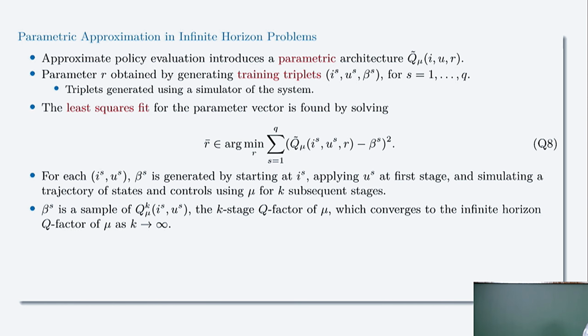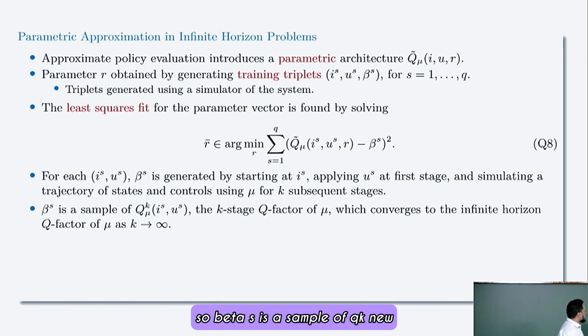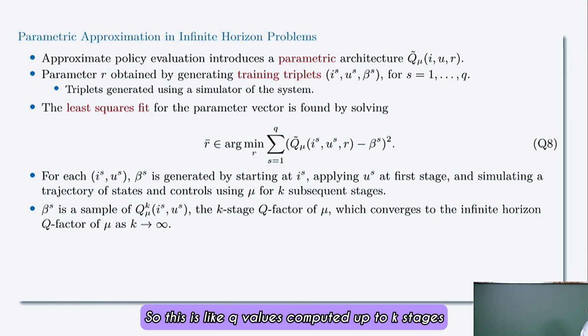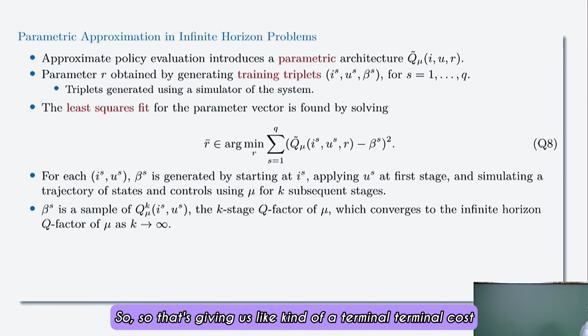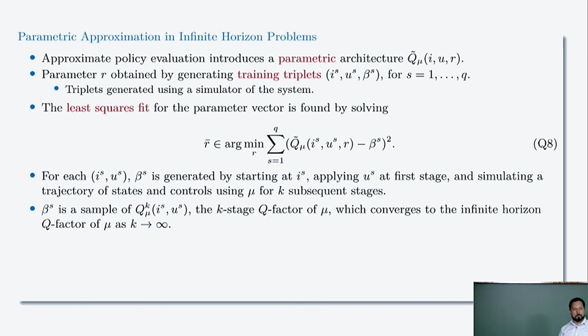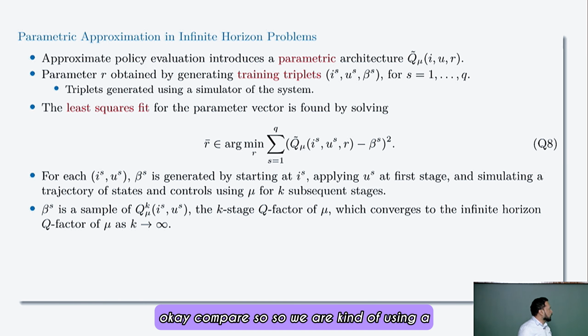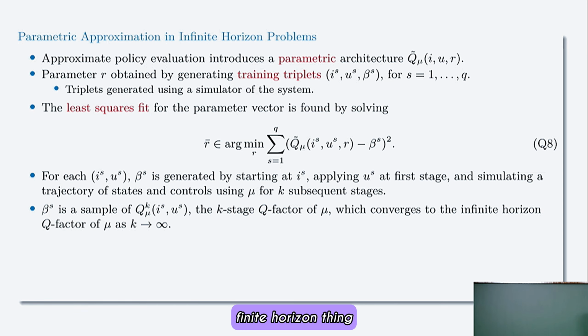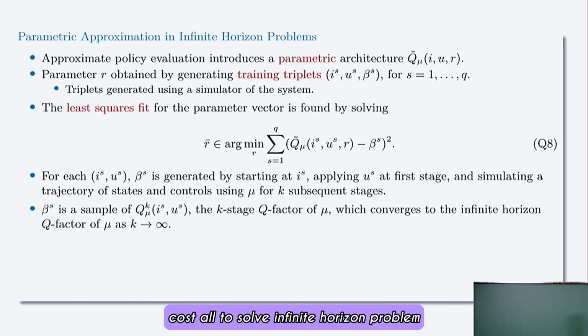As I said, beta_s is a sample of q_k^mu, so these are q values computed up to k stages. That's giving us a kind of terminal cost, as if it's giving me a cost for a k-step finite horizon problem.